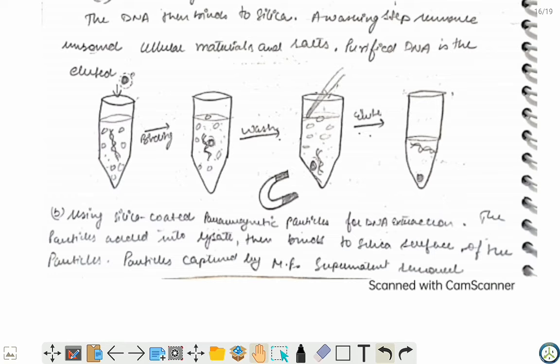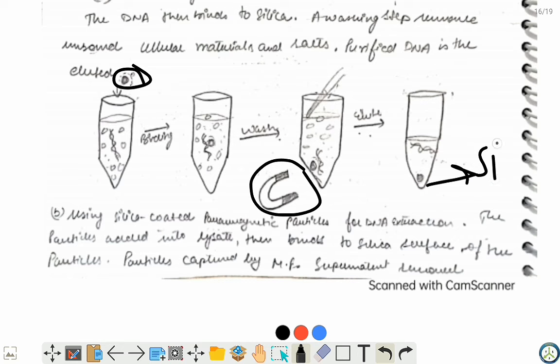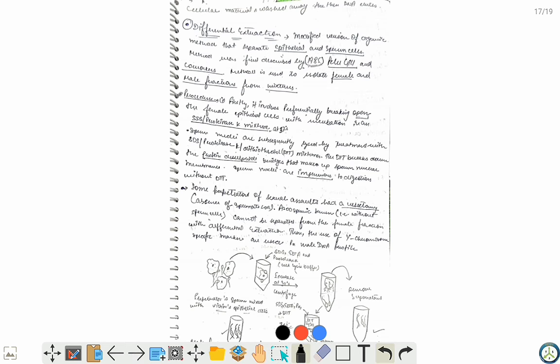The DNA will bind to this bead, and with the help of a magnet it will be attracted to the base of the tube. Then we elute the DNA from the paramagnetic bead. Clear? So this is the silica, and the magnet attracts the DNA to this side.